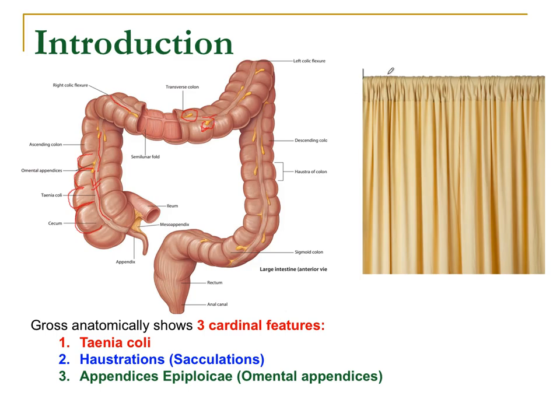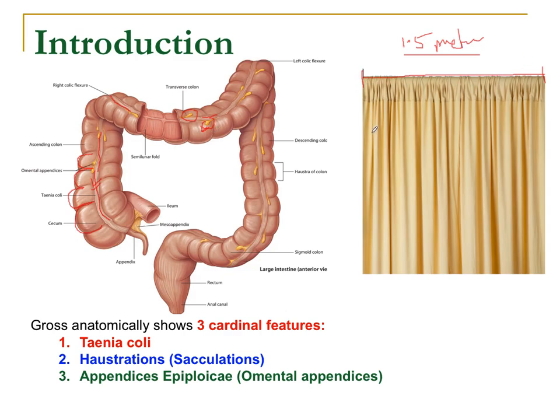I have kept this structure like a curtain because, if you remember, the length of the large intestine is almost 1.5 meters, and the length of the tinea coli is quite small compared to the length of the large intestine.